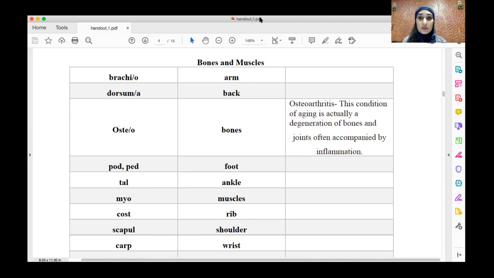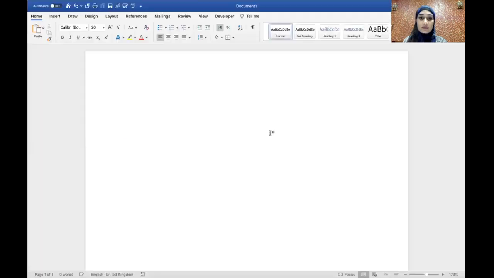So whenever you find a word like this dorsum, it ends with um, this is turned into a in plural, right? And this is in singular, right?